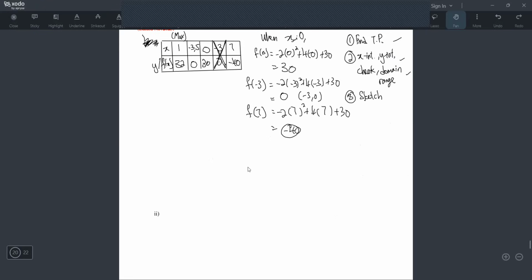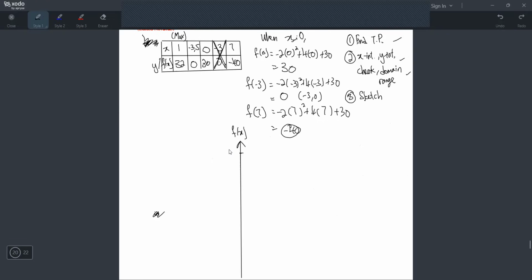Okay, first I will draw the y-axis. Let's draw it nicely. Here I will write y, or you can write f(x) also. Look at your highest y value. Your highest y value is 32, but your smallest one is -40. So I have to make sure I can plot until 32.